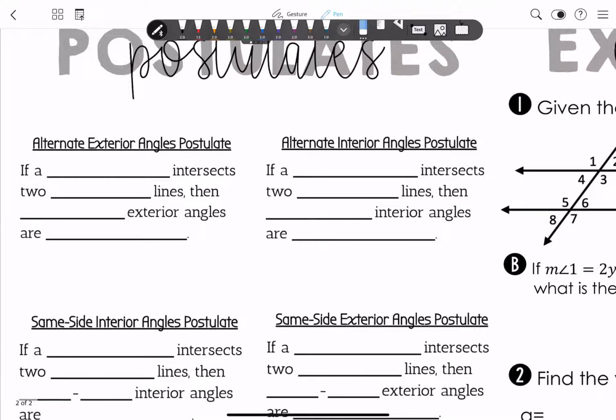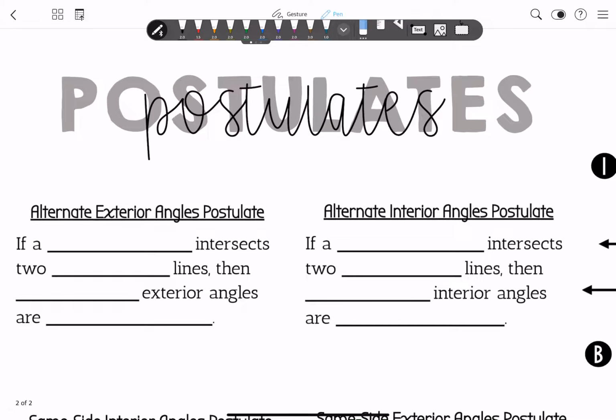So our first set of postulates are our alternate interior and our alternate exterior angle postulates. If a transversal intersects two parallel lines, then the alternate interior angles are congruent.